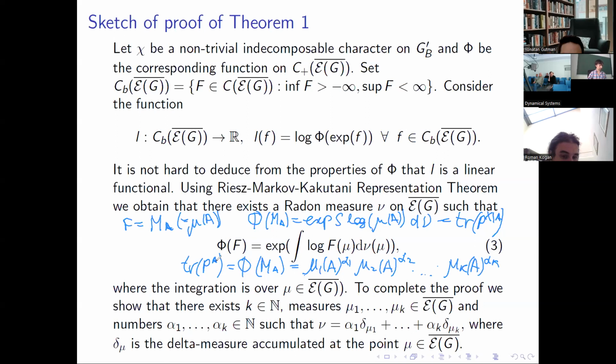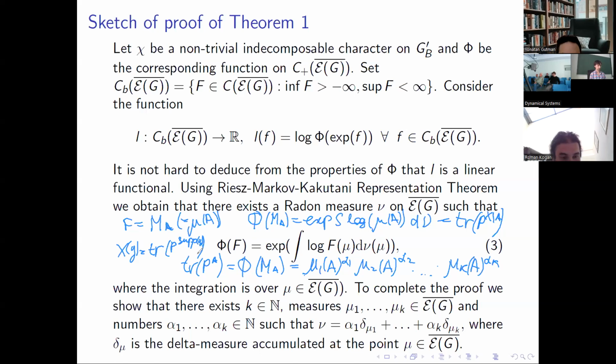So here next we just use what we saw before that the value of chi of g is equal to the trace of E_{support of g}, and we obtain the formula for the indecomposable character.